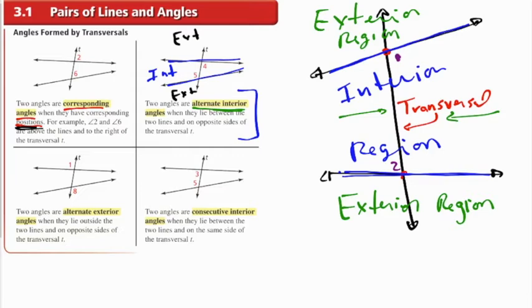They alternate which side of the transversal they're on and which line that is not a transversal they're next to. And I can also say angle 3 and angle 4 are alternate interior angles because they're in the interior region. They switch which side of the transversal they're on, so they're alternating, and they switch which non-transversal they're next to, they're alternating.